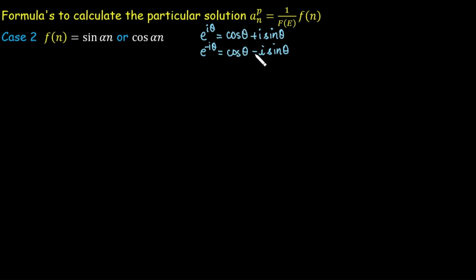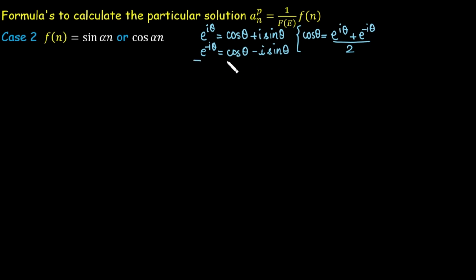By adding these two equations, this term gets cancelled with this one, and we can write e raised to power iota theta plus e raised to power minus iota theta. This is equal to double of cos theta, because when you add these two terms, we will get a 2 here, and the value of cos theta is equal to this divided by 2 here. So from here we can derive the value of cos theta just by adding these two. Now subtract these two.